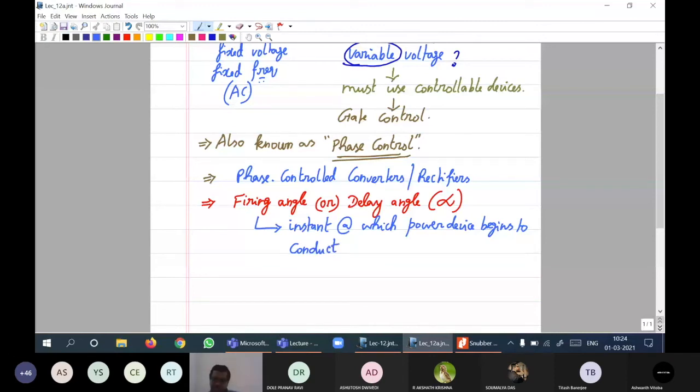Right? The instant at which the power device begins to conduct. Generally, we will be using an SCR as the power device.